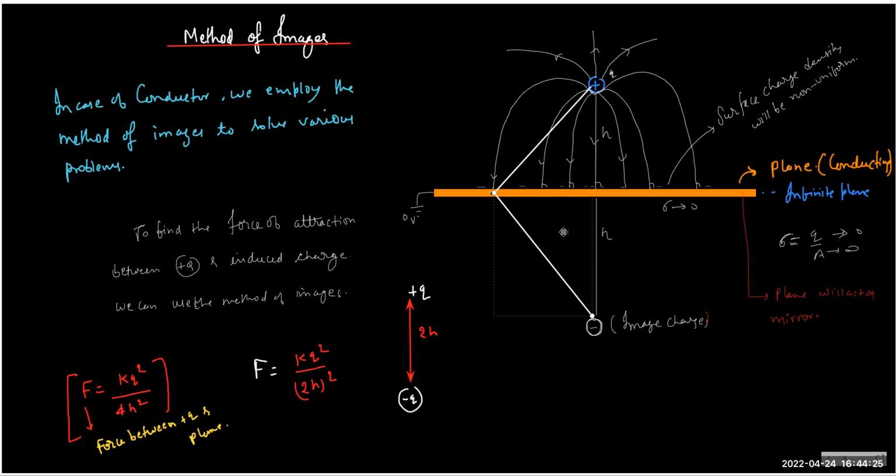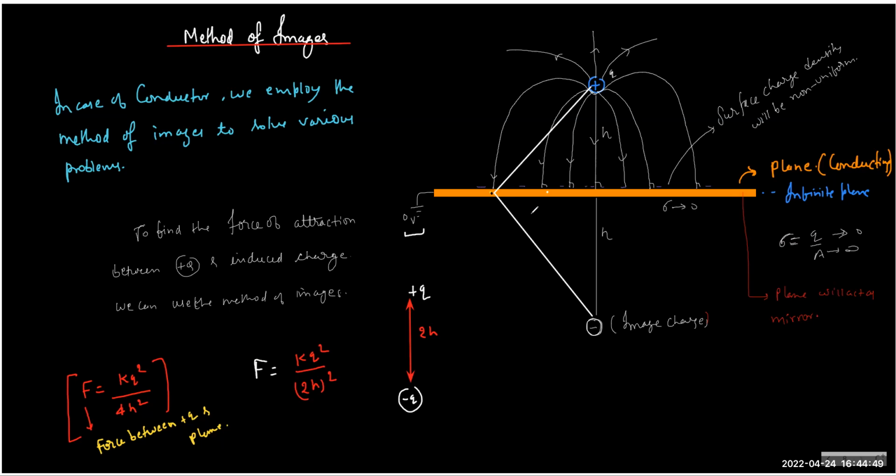Because of symmetry, the net potential is how much? Zero. Yes, sir. So such an arrangement will create the same potential distribution as before. Because I'm assuming the sheet to be grounded, you choose any point, the potential will be zero because of this particular arrangement. This idea will be more clear after learning potential.